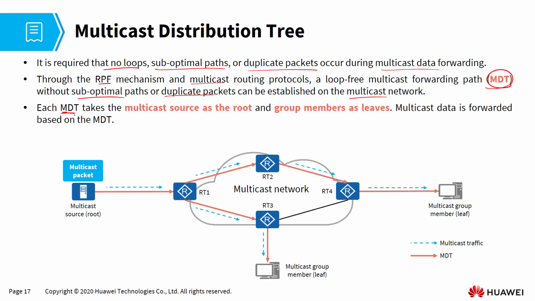Each multicast distribution tree takes the multicast source as the root and group members as the leaves. So this is the root, where everything begins, and these are the leaves, where everything is headed. The multicast data is then forwarded based on this tree.